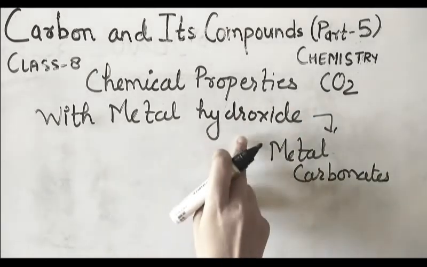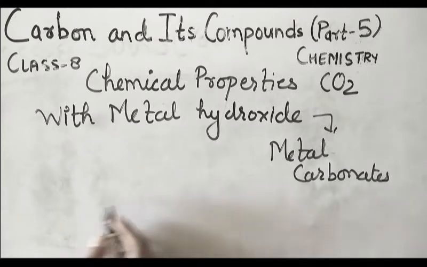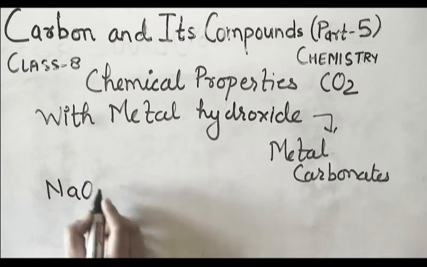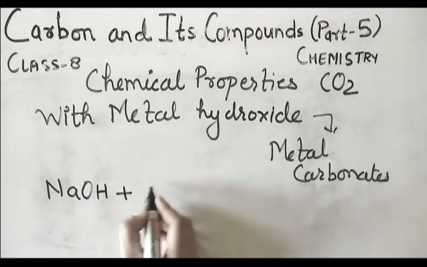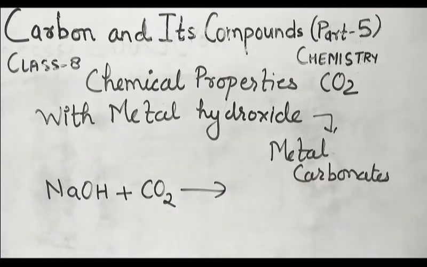CO2 reacts with metal hydroxide and forms the metal carbonates. So let us see one example. Suppose taking here sodium hydroxide, that means NaOH. This is sodium hydroxide. It is going to react with carbon dioxide, so it is going to form metal carbonate. That means it is going to form Na2CO3, sodium carbonate.